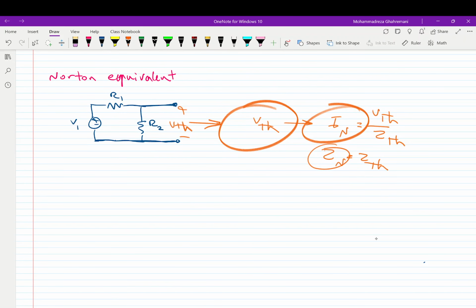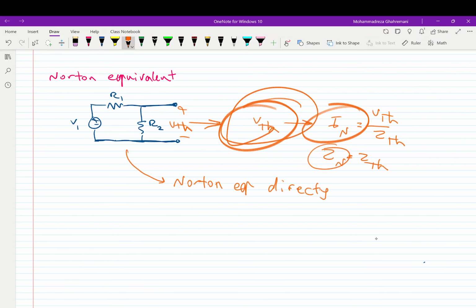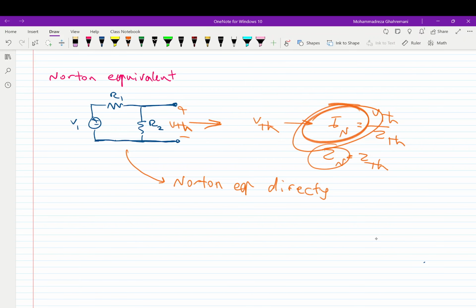But if the problem asks us to find the Norton equivalent directly, what should we do? We don't want to first find V Thevenin and then find the Norton equivalent from it.